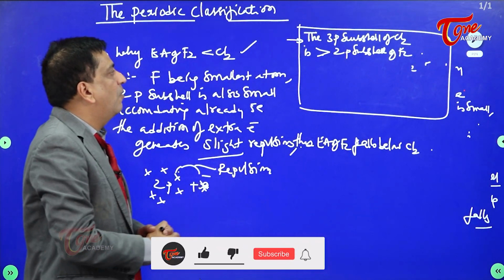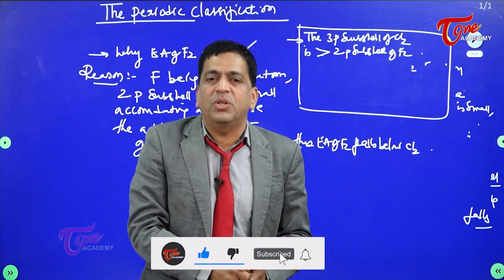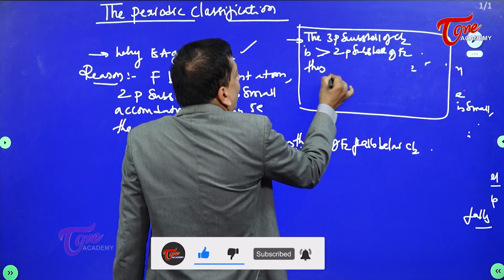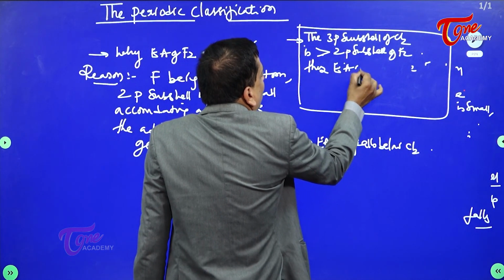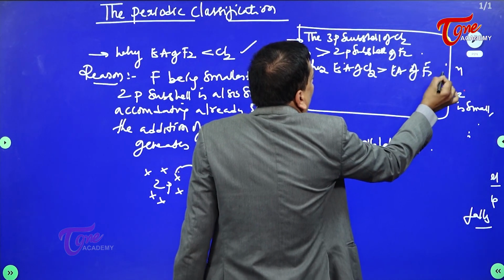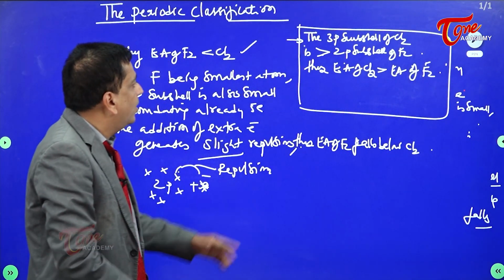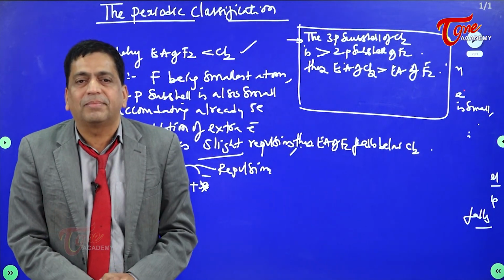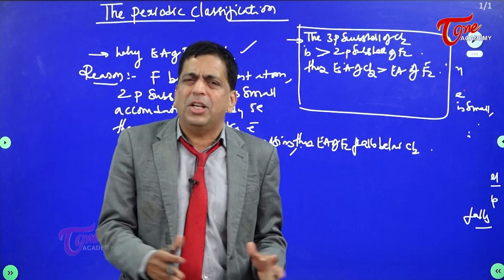The 3p subshell of chlorine is greater than what? 2p subshell of what? Fluorine. Thus, you can say the electron affinity of chlorine is greater than the electron affinity of fluorine. That is the other version, you can write it like this.